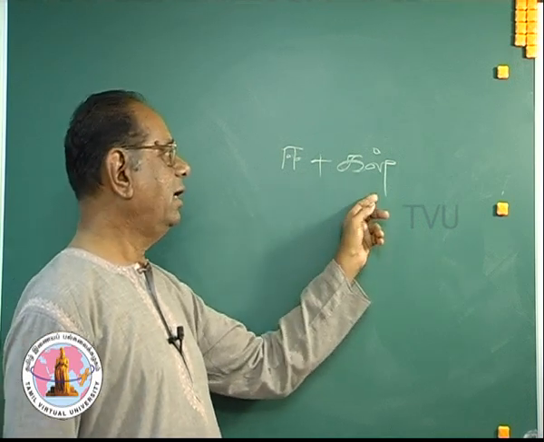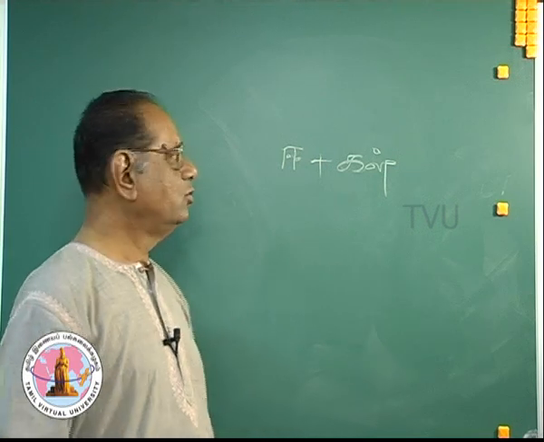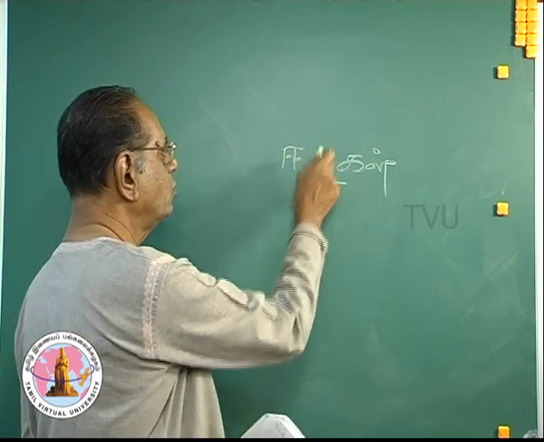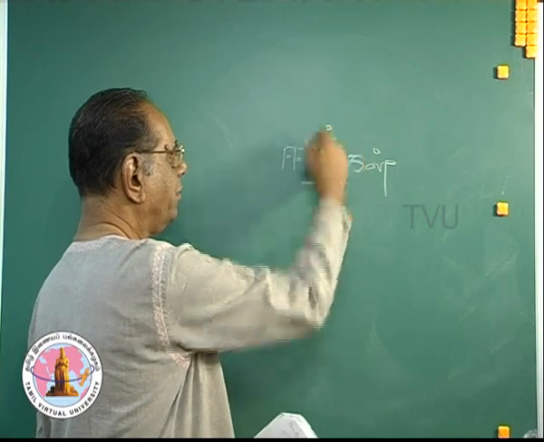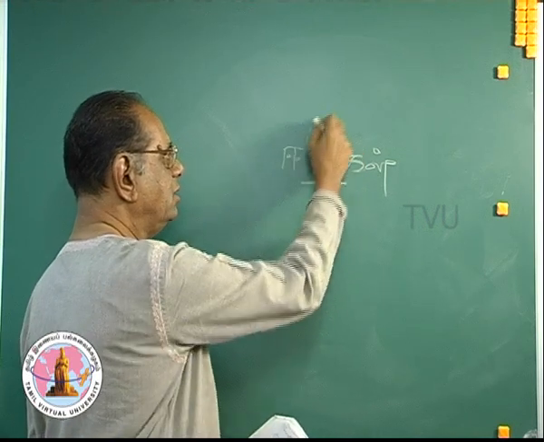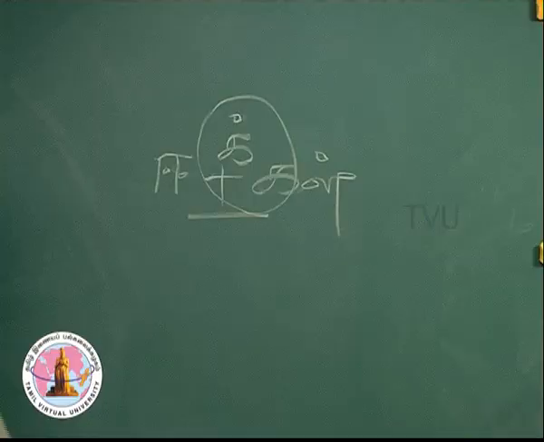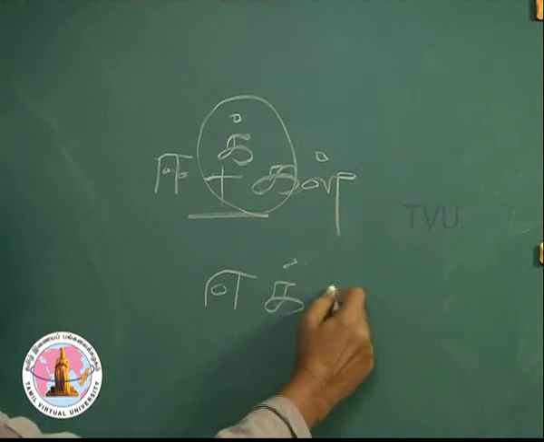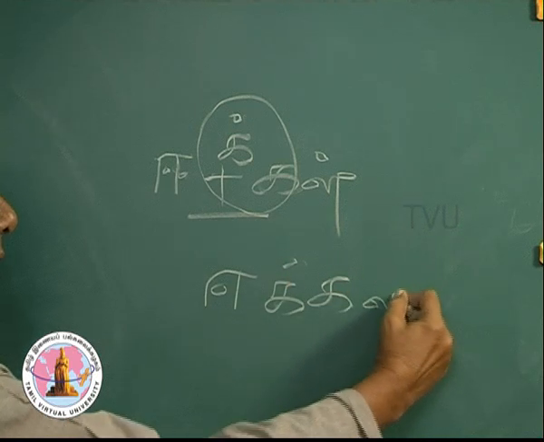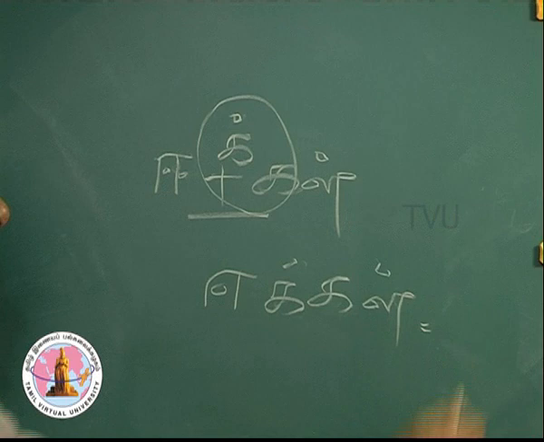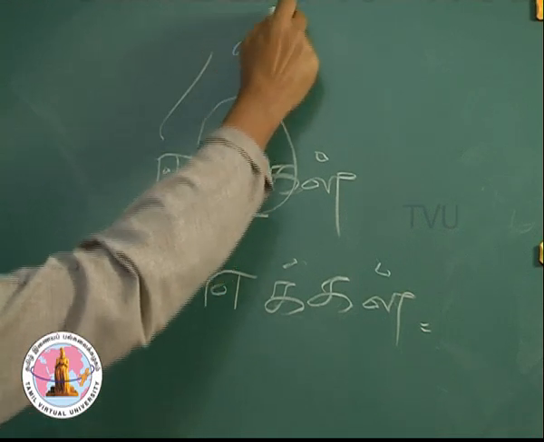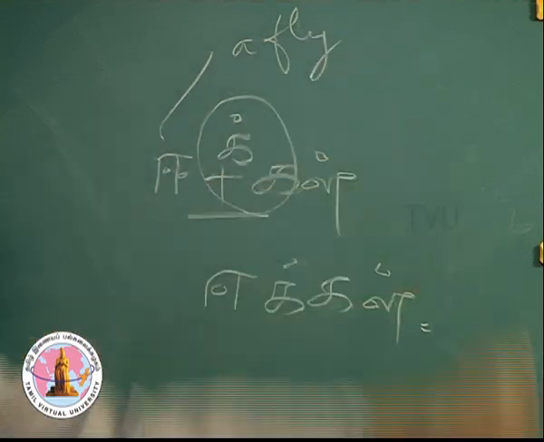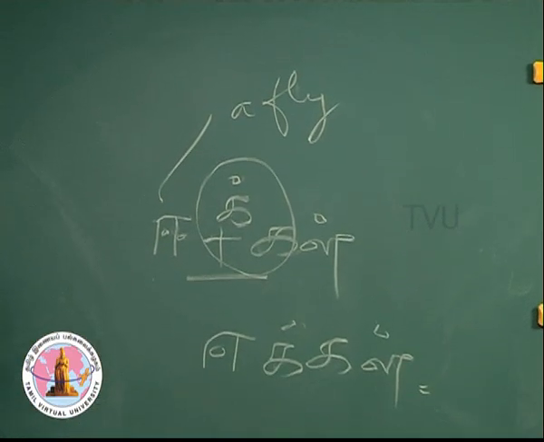So this eagle doesn't make any sense. So they introduce another letter, that is, they allow this ka to become doubled, and this is ekkal. Remember what E is? E is a fly.